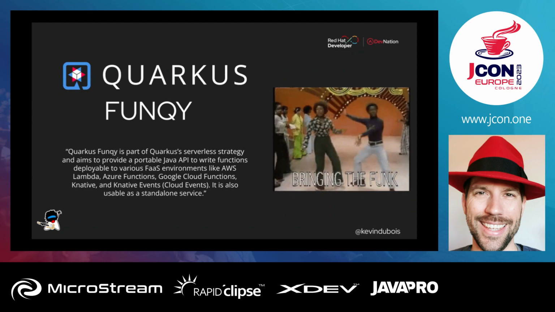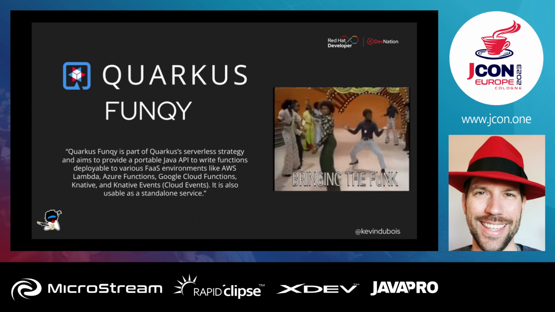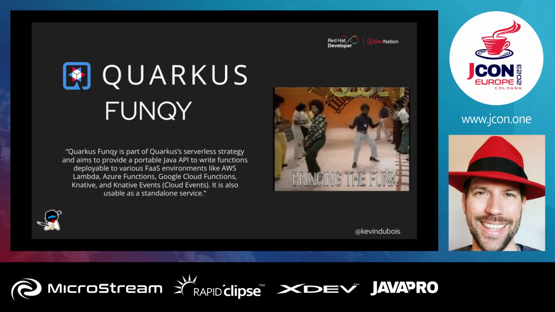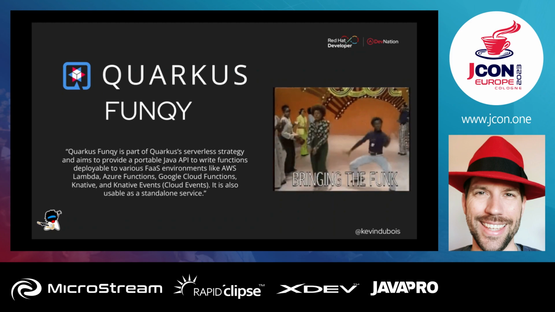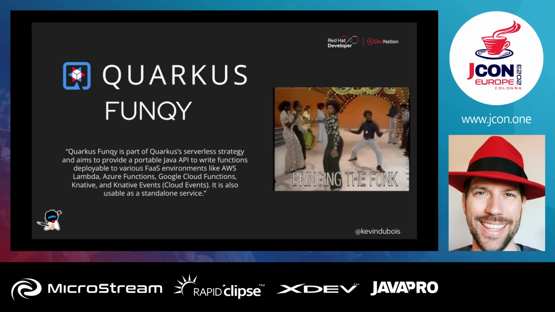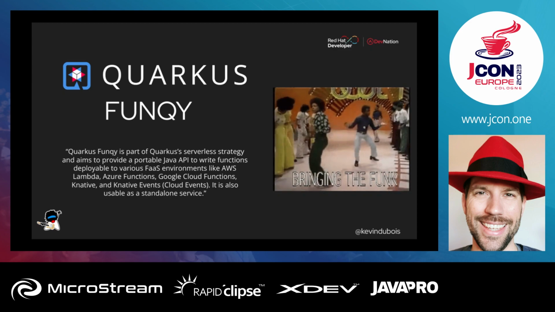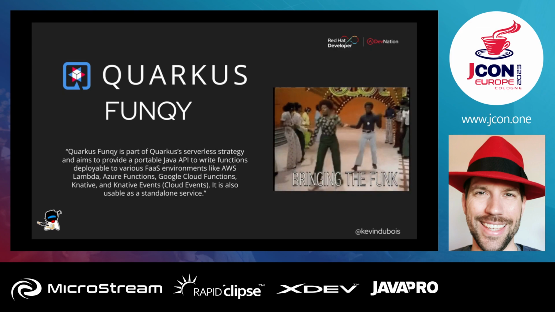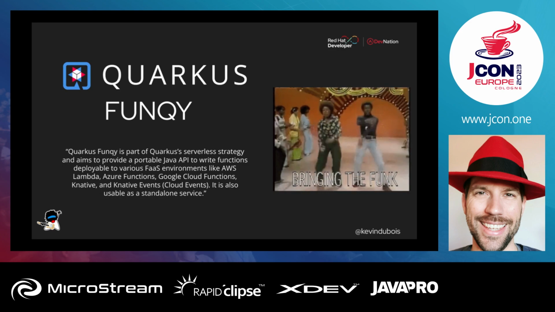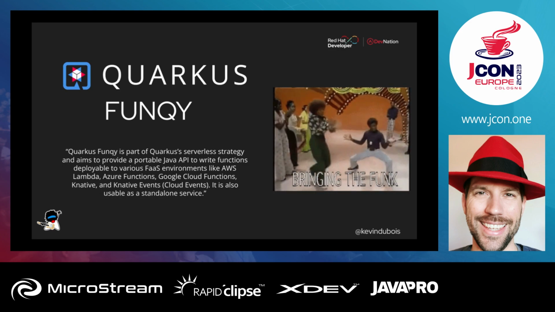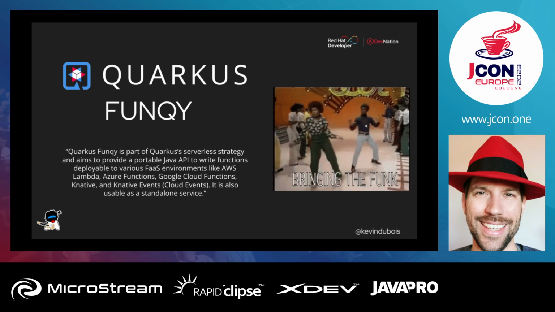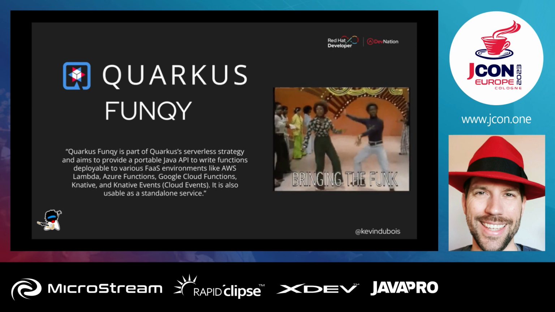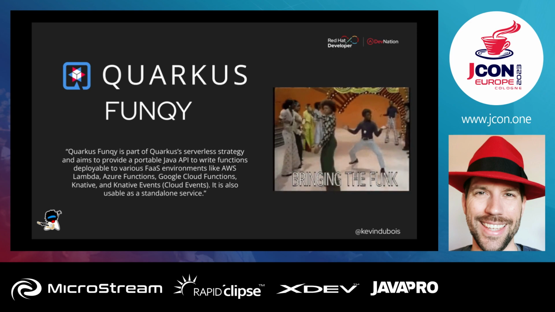With the Funqy project. Who's heard of Quarkus Funqy? Daniel, wow, nice. Funqy is a really cool project because it allows you to write functions but not be tied into a specific provider, because you basically add an extension, for example, for AWS Lambda or Google Cloud Functions.